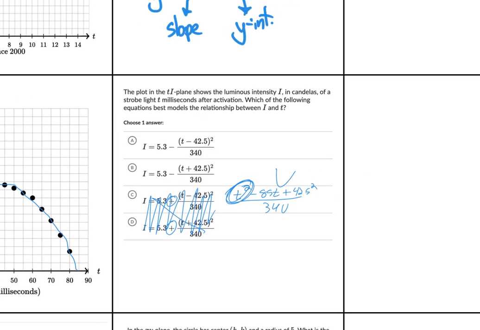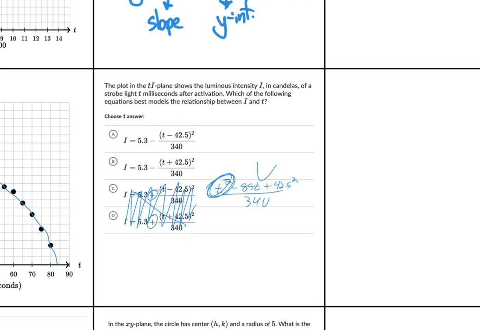Now remember, this is similar to, although written in a different order, our transformations function, x minus, let's just say h squared plus k. We'll throw an a in front. So a is actually negative 1/340th. So that's the vertical compression.